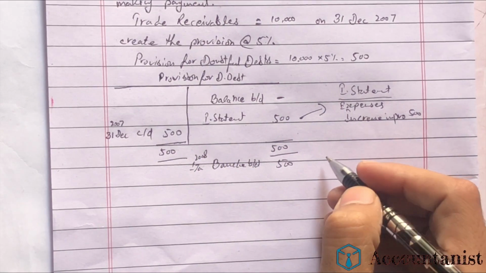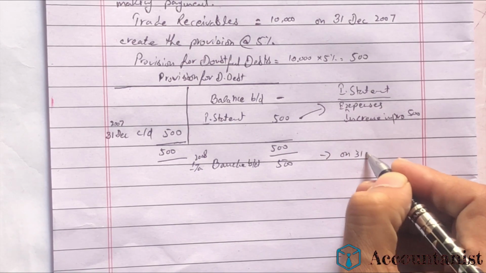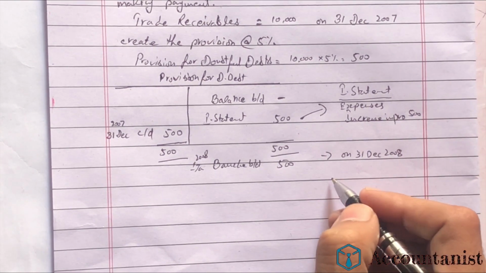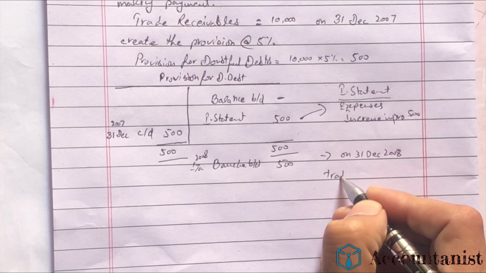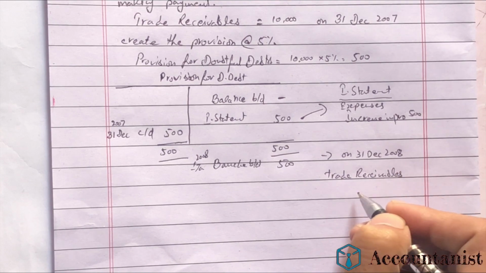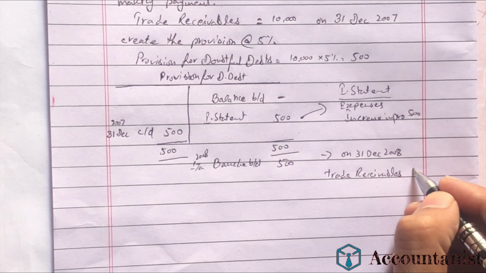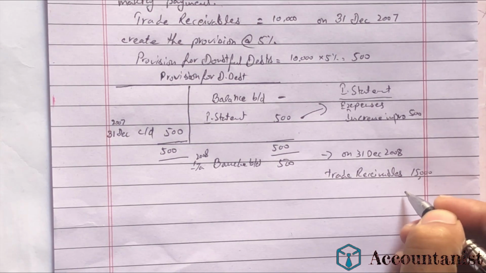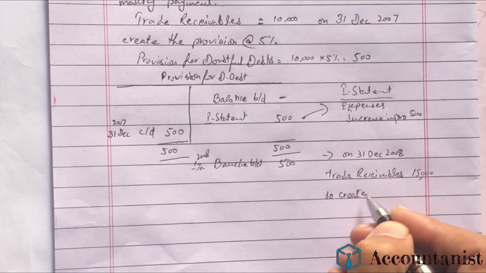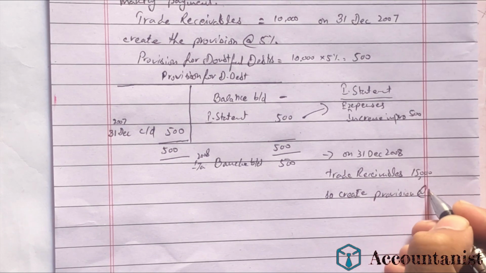Let's suppose we have another transaction: on 31st of December 2008, trade receivables are, let's suppose, 15,000. Create provision at the rate of 5%.